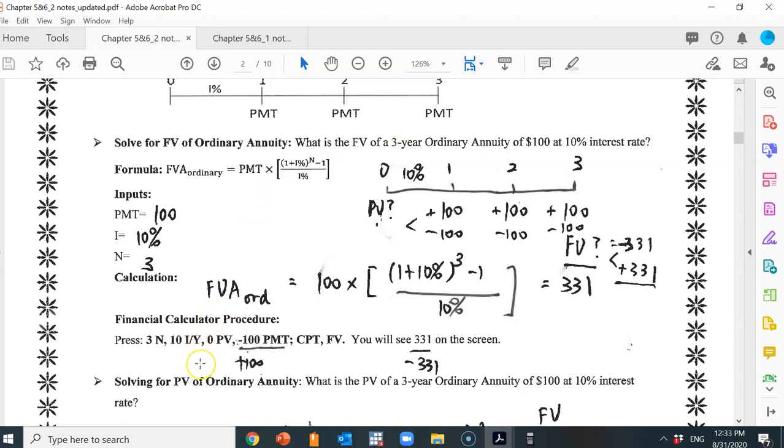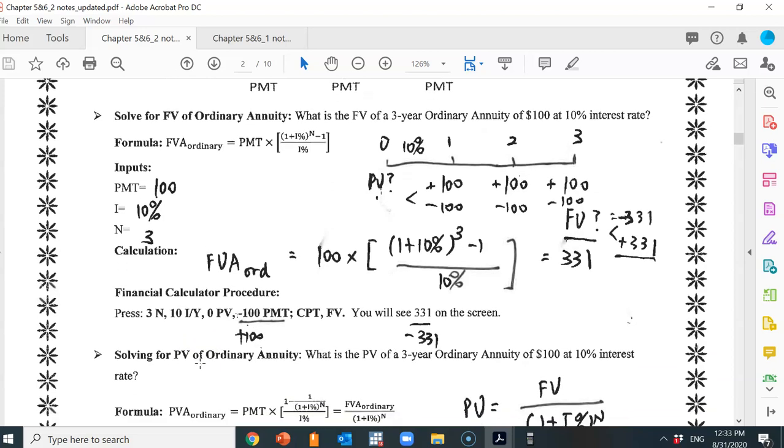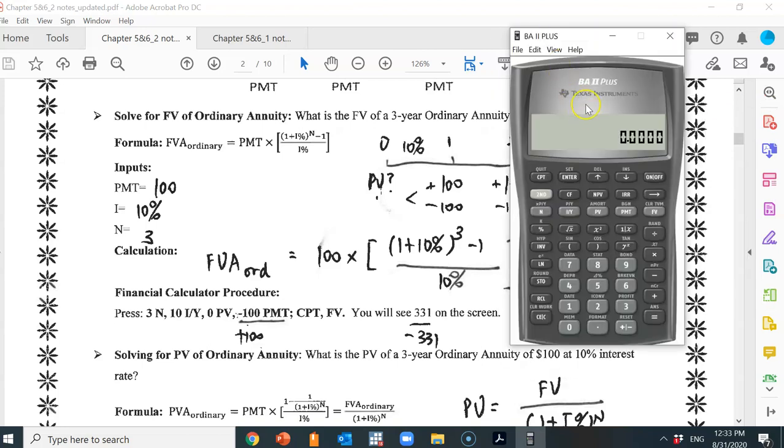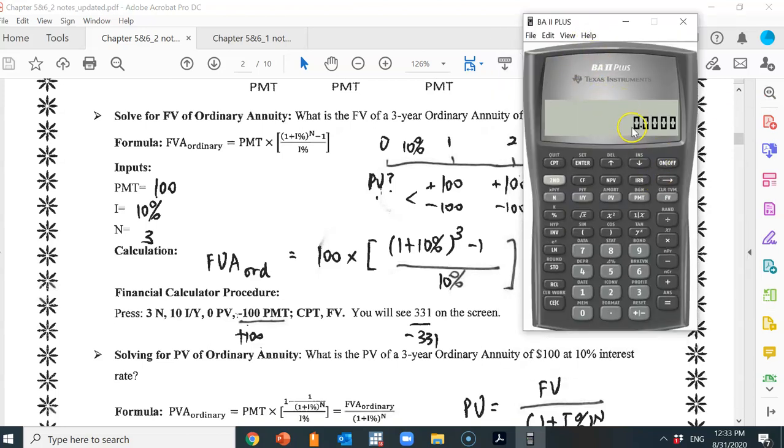A second way of solving this question is to use our TVM worksheet. Let me show the financial calculator here again. I hope you already changed your decimal to 4 by pressing second format, 4, enter, second quit. So you see 4 decimals here.